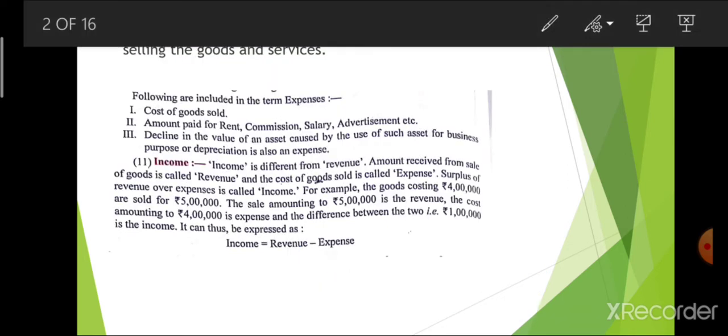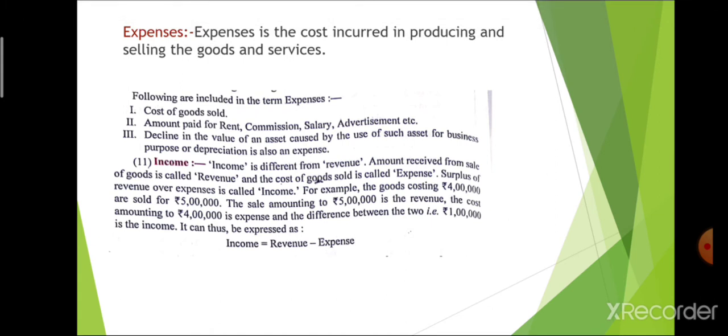So students, we will continue our same topic, that is basic accounting terms. Now, the next basic accounting term is expense. Expense means the cost incurred for producing and selling the goods and services.